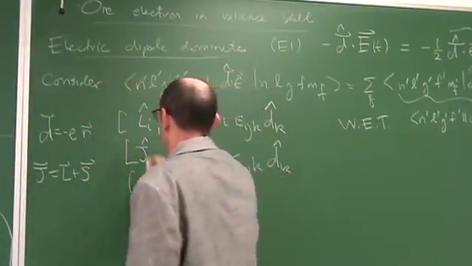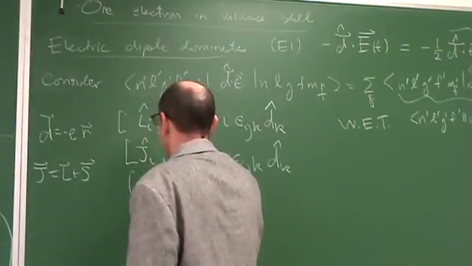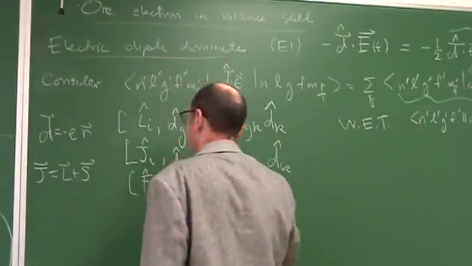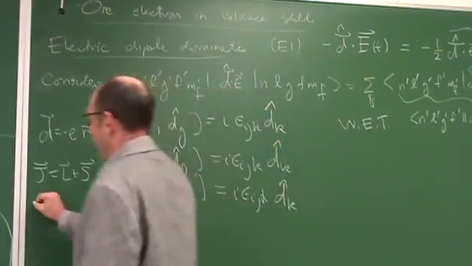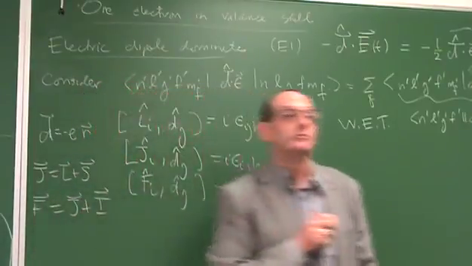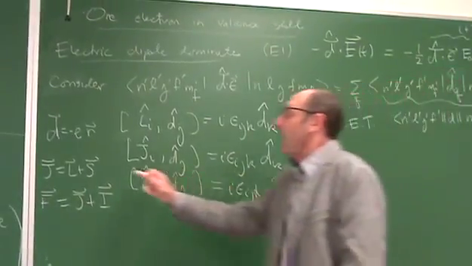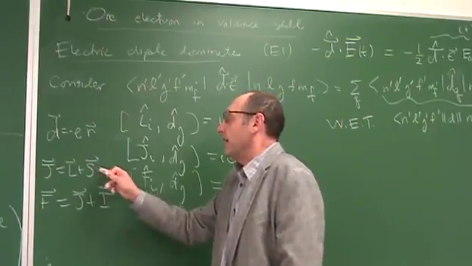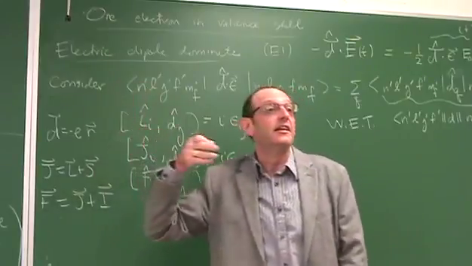And it's also a vector with respect to F, where F is J plus nuclear spin. Why? Well, because the spin of the electron and the spin of the nucleus are observables that commute with position.